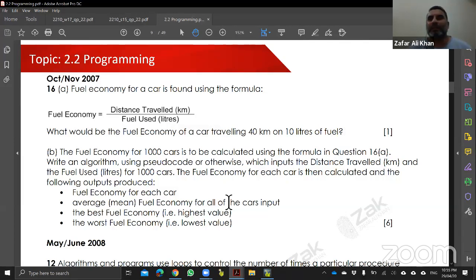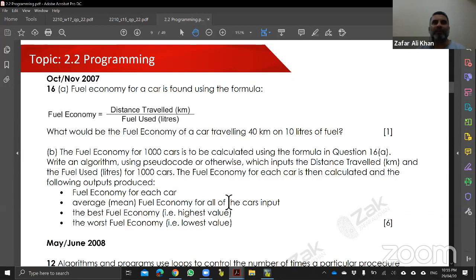Now, one thing that needs to be understood here is that whatever the units, like over here, we see two units, kilometers and liters, we are not going to pay any attention to these. These are not part of our deal.